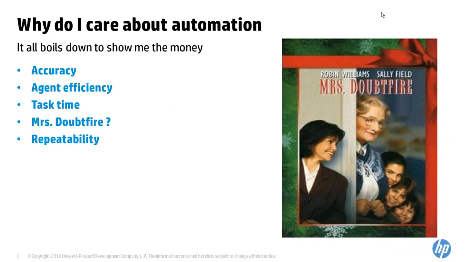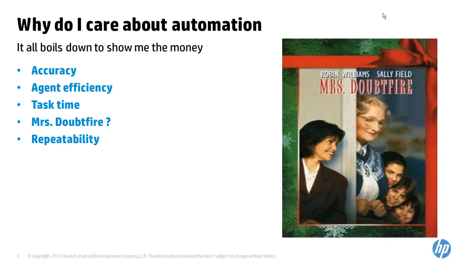And so my summary there boils down to it's about the money. It's about cost containment. And I get cost containment when I focus on agent efficiency, when I reduce the time it takes me to accomplish tasks in IT, when things are repeatable, and then there's something about Mrs.